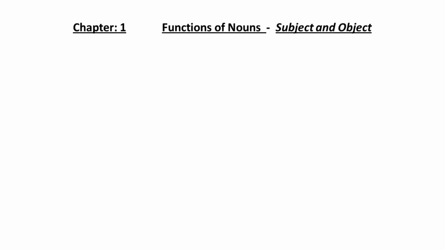Chapter 1 of our textbook is about functions of nouns as subject and object. Usually in a sentence, a noun functions as its subject or object. We are going to learn about it in detail in this chapter. First of all, let us look at some sentences.